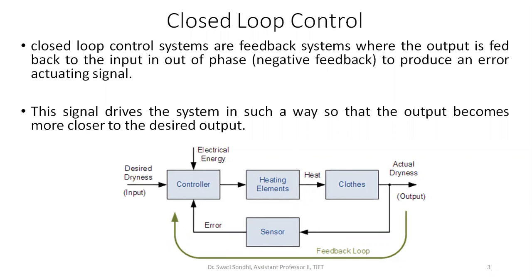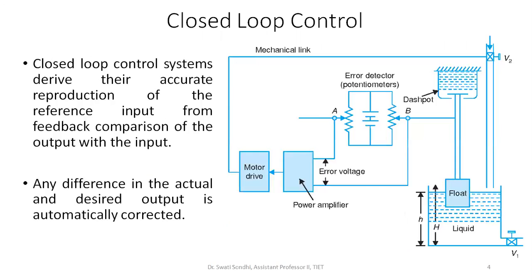On the basis of that error signal, the controller decides what actuating signal is to be produced, and that actuating signal drives the system so that the actual output becomes closer and closer to the desired output. This goes on continuously till the desired and actual output become equal. Once they are equal, the error becomes zero and the actuating signal will stop. So this is a closed loop control system.